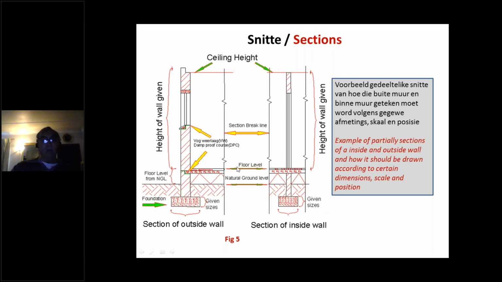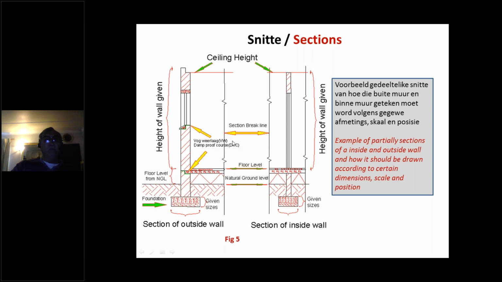The abbreviation for floor level in Afrikaans, die vloerhoogte, is VL, we will get to that, and your natural ground level. Abbreviations on those types of things must always be capital letters.